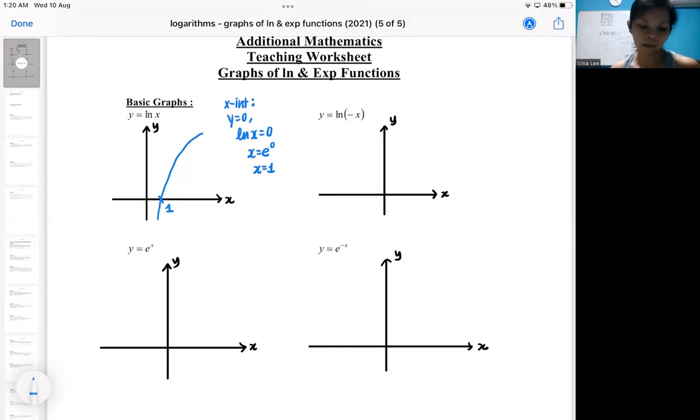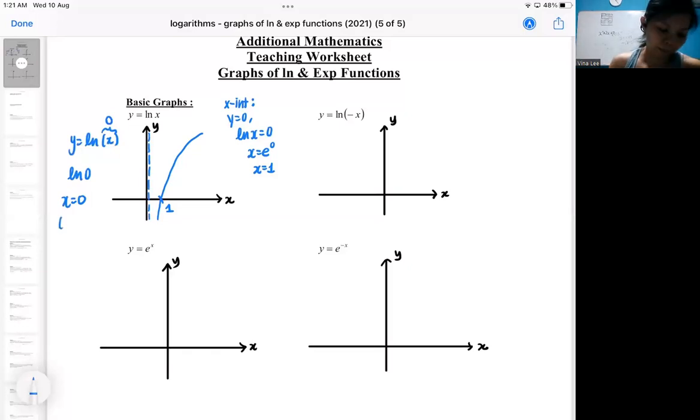So check whether the x-intercept is always 1, and this one comes with a vertical asymptote. So why is the vertical asymptote there? Because it will be undefined when this becomes a 0. So you go and press ln 0, it is a math error. So it will become undefined when x is equal to 0.